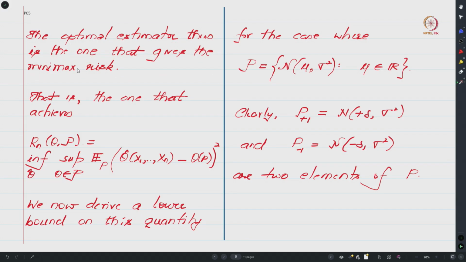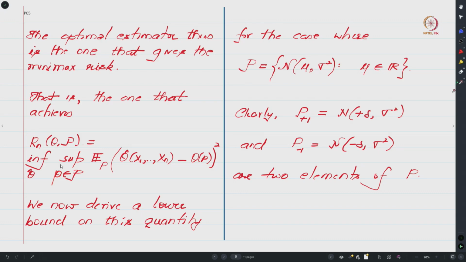The optimal estimator is the one that achieves the infimum specified over here. Let us look at this expression a bit more clearly. This is your mean squared error for your choice of estimator when the input distribution is p. I should actually say this is p over here, not theta. So this should be p.